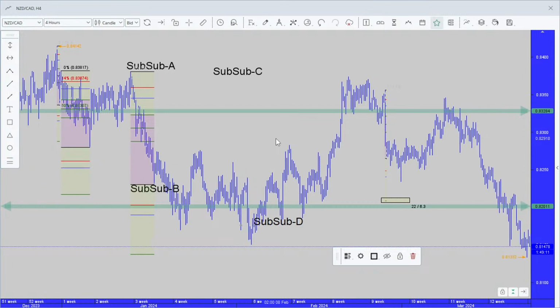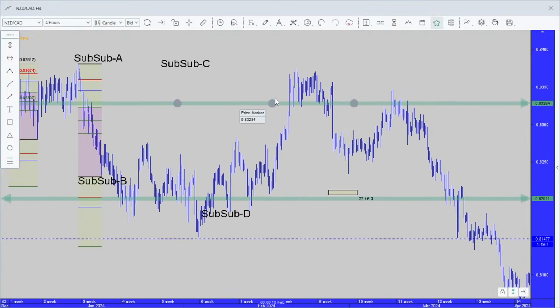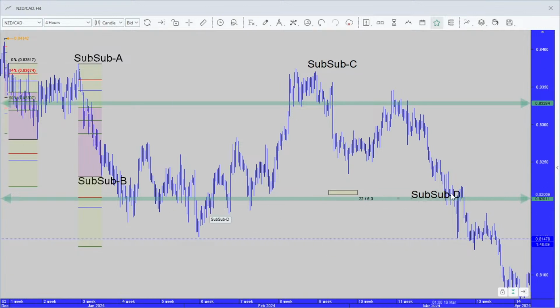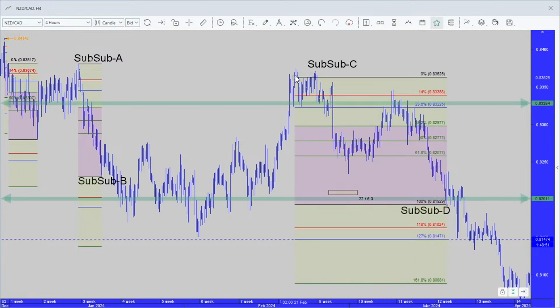And one more time. Red goes to red. So from up in here, and this is the sub C. Red goes to red. So somewhere down in here is going to be the low. If I'm not mistaken, from here to up to here.